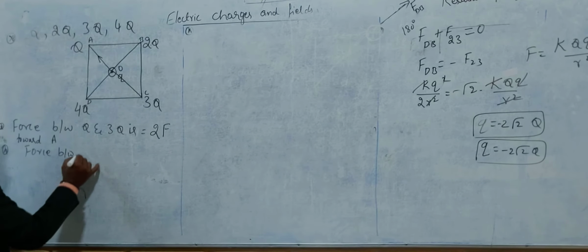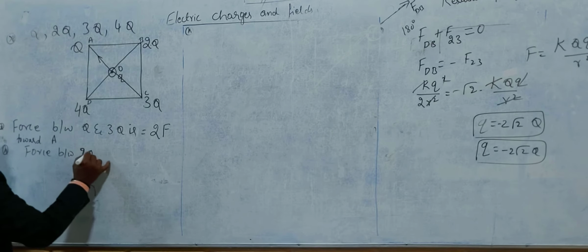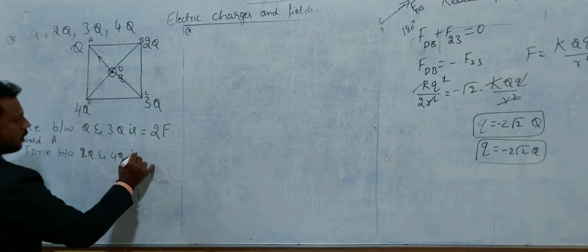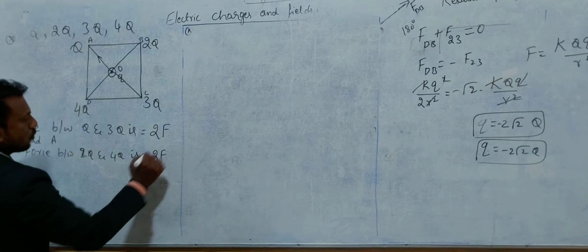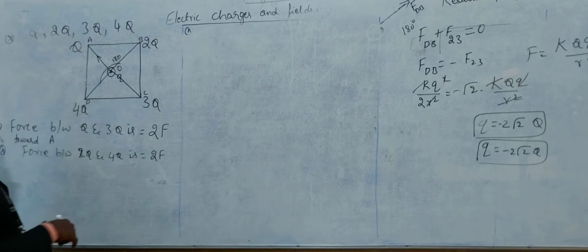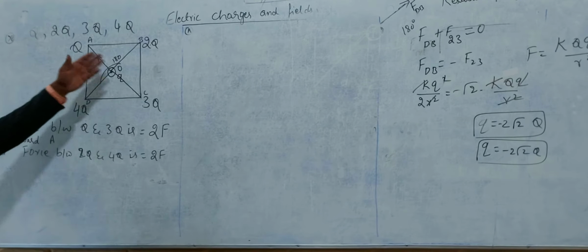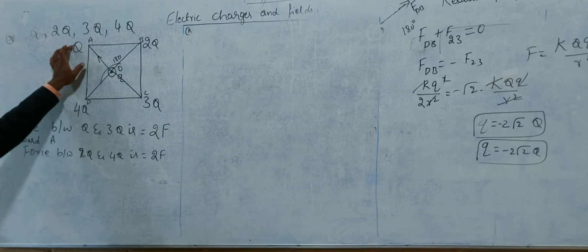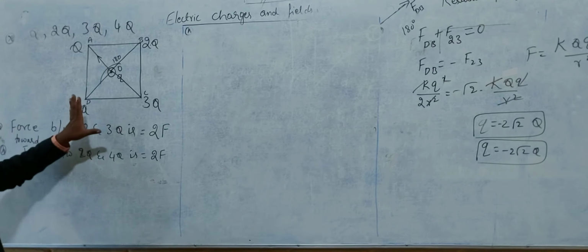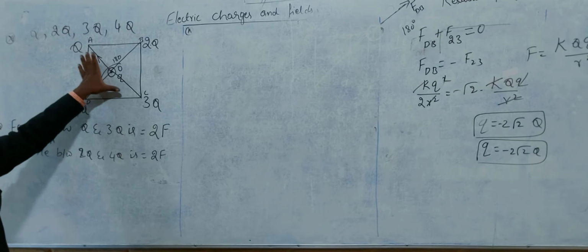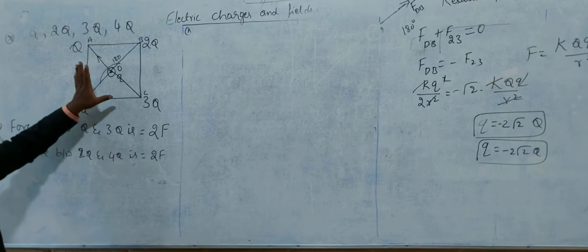Similarly, the force between 2Q and 4Q charge is 2F. This is also 2F because these two are similar charges, repels each other. Sign is also same, magnitude is different. Similar kind of charges repel each other.